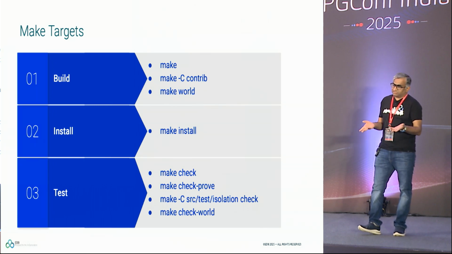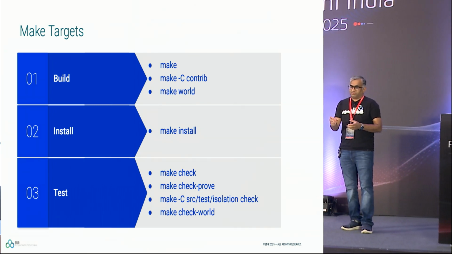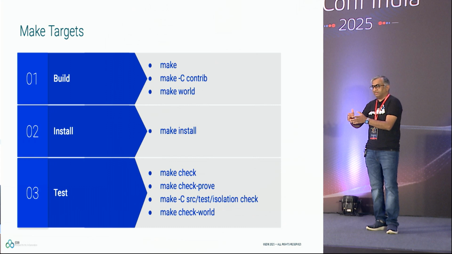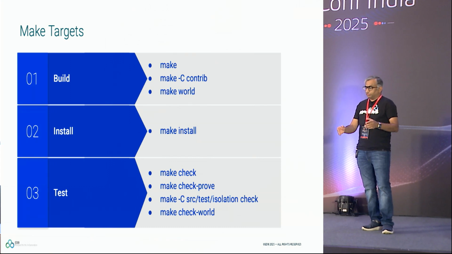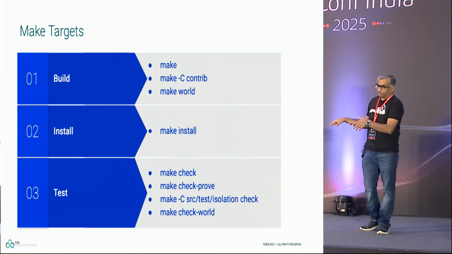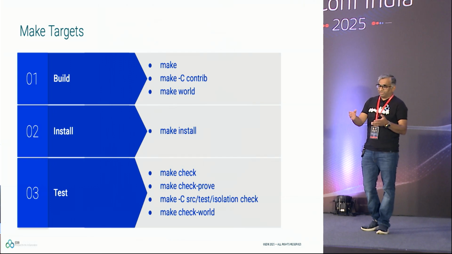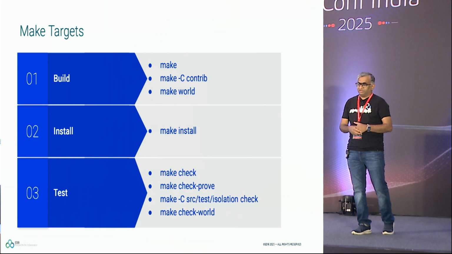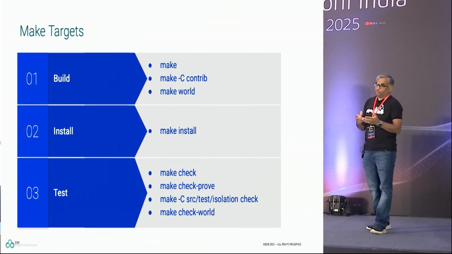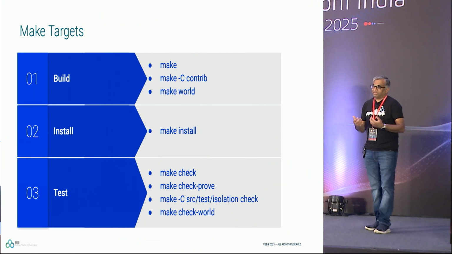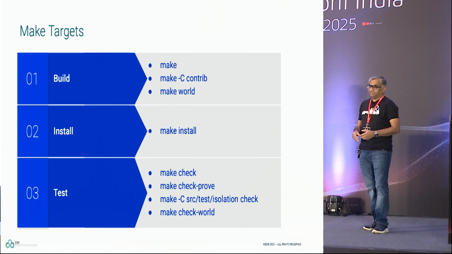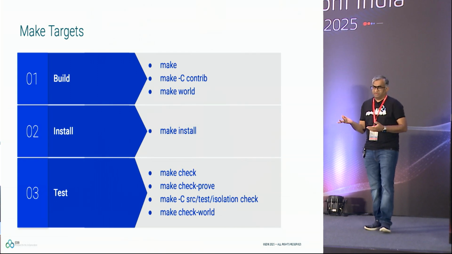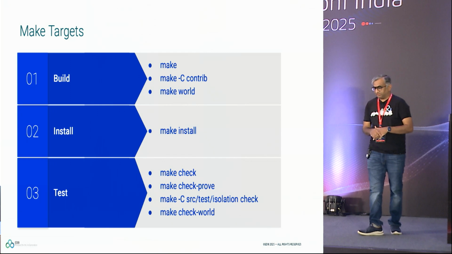Capital C is an option to make where you are switching into a subdirectory and building under that subdirectory. Postgres by default won't build the contrib modules, but if you want, you can do make -C contrib, which will build all the contrib modules. Or you can do make world, which is like building everything under the source tree. I think including docs, I'm not sure, but probably it also builds docs.